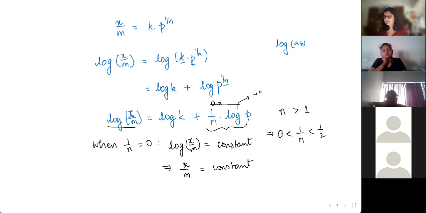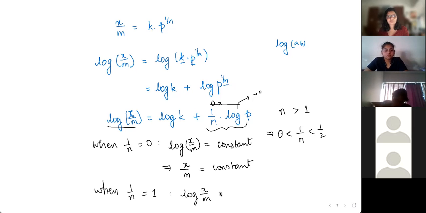And on the flip side, when 1 by n is equal to 1, or on the higher side of values, then log x by m will be equal to some constant plus log p. यहाँ पे ये factor चला गया, which means that x by m is directly proportional to the pressure.